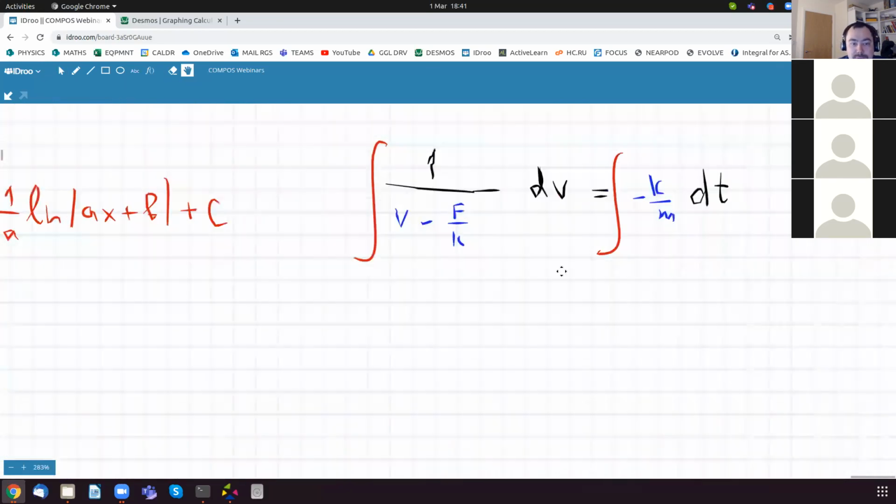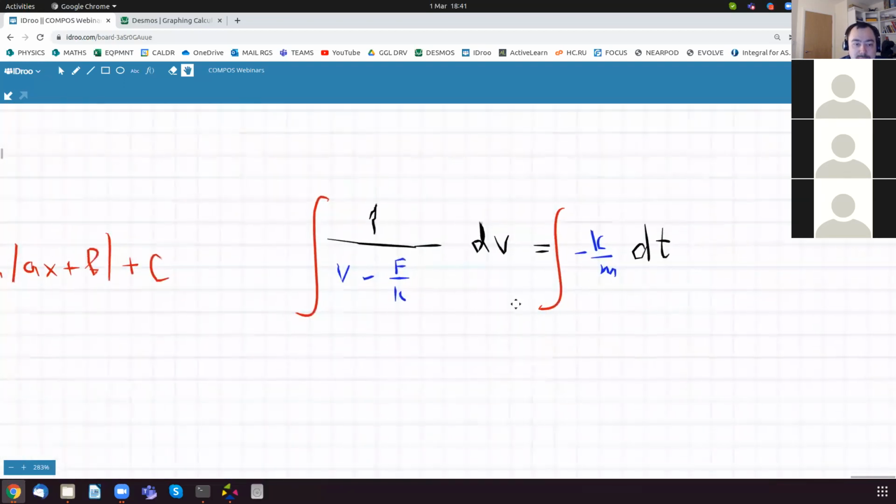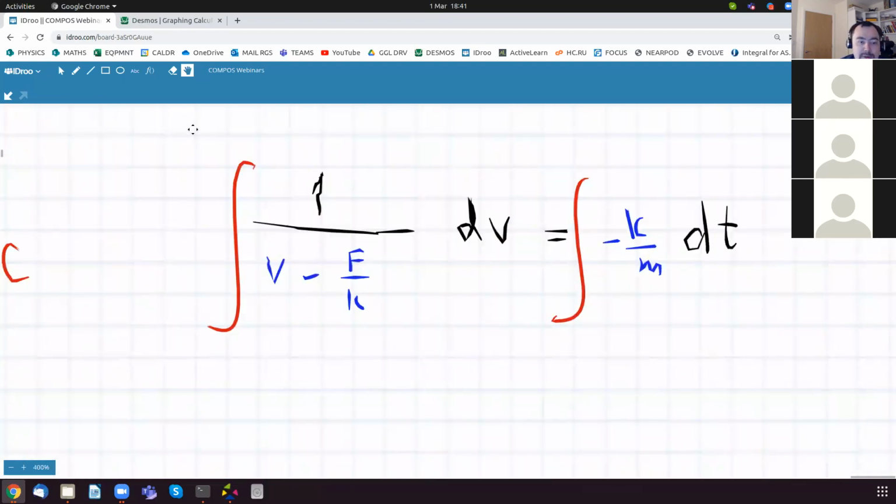Well, preferably you need to change the variables here. So instead of dt, I'm going to use d tau. Instead of dv, I'm going to use du.